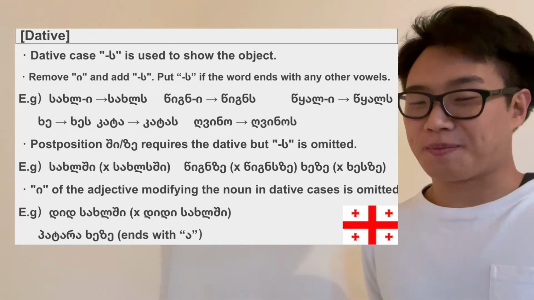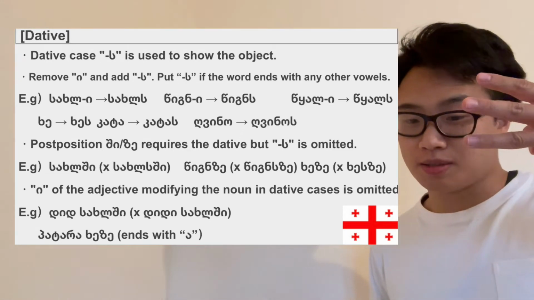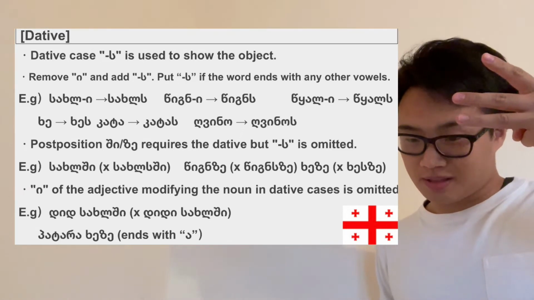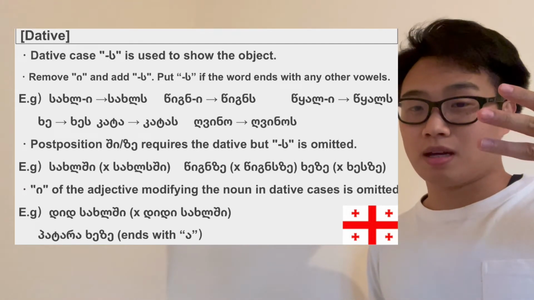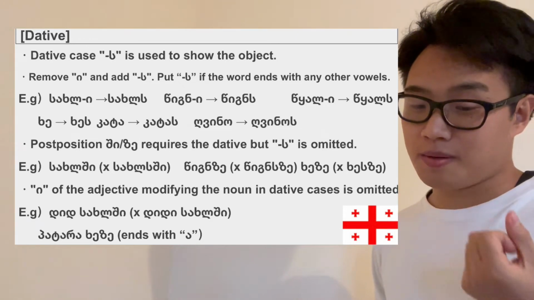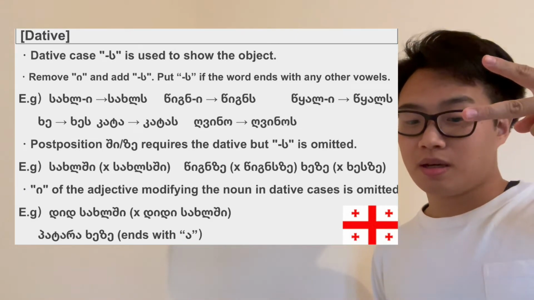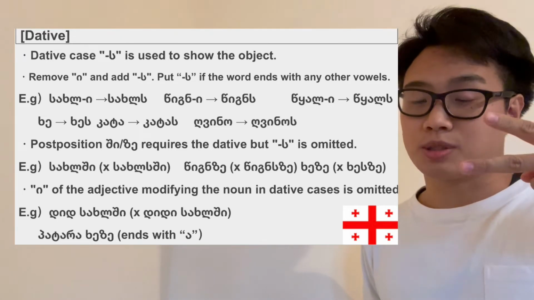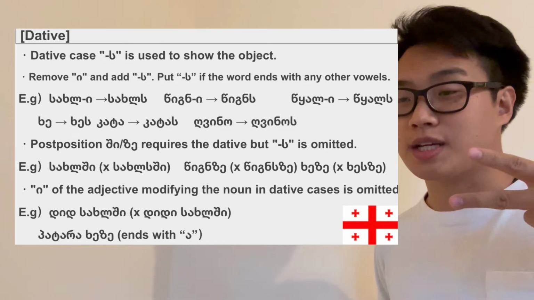I'm sure about that. So we've learned three important things. First of all, I think the most important, the way of making a dative case, adding su, right? That's the dative case marker, su. And the second, there are some postpositions requiring dative cases such as she and ze.